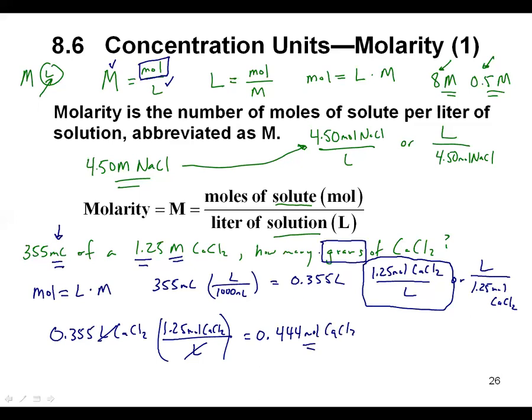So very common when you're dealing with molarity, you oftentimes want things like grams, or you're given the information in grams. And we know that if we want to go from moles to grams or grams to moles, what we need is the molar mass from the periodic table. So if we go to the periodic table, it's 40.08 for the calcium, and there's 2 chlorines, each at 35.45, again from the periodic table.